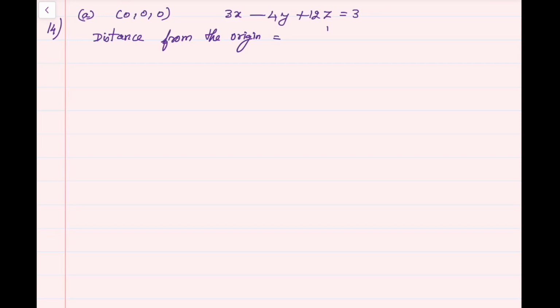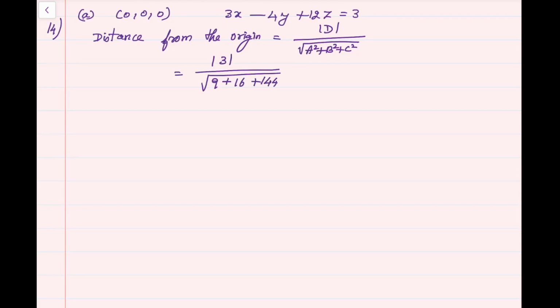The formula is absolute value of d divided by root of a square plus b square plus c square, which is equal to absolute value of d, which is 3, divided by root of 3 square plus minus 4 square plus 12 square. 3 can be kept on that side or on this side.